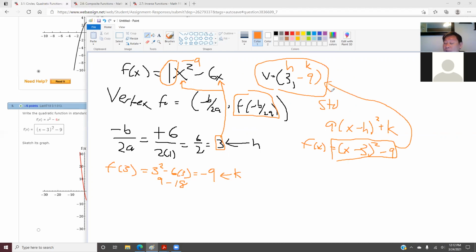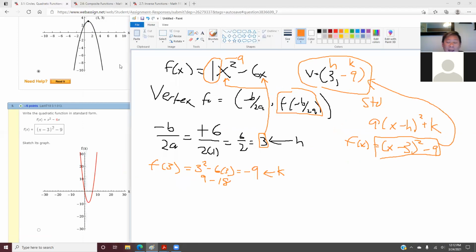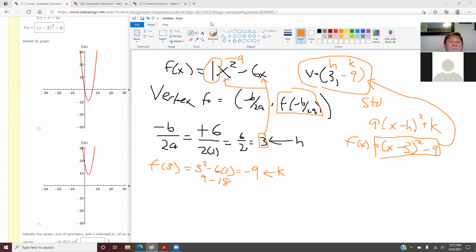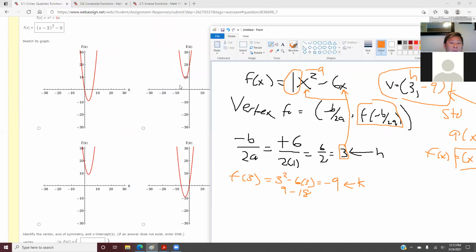If you do completing the square, you are still working it out right now, while with the formula you are halfway done. So that's the reason why I do not suggest you do completing the square. So can you tell me which graph corresponds to the vertex 3, -9?